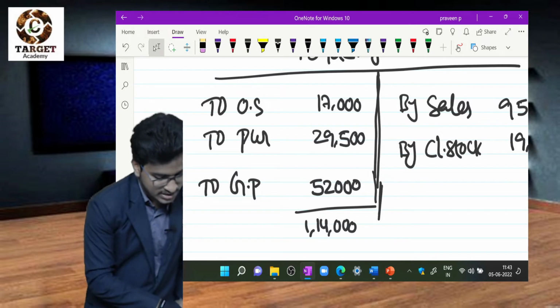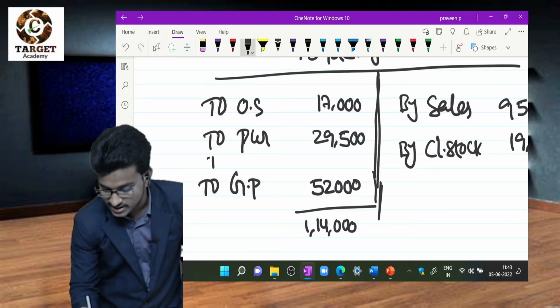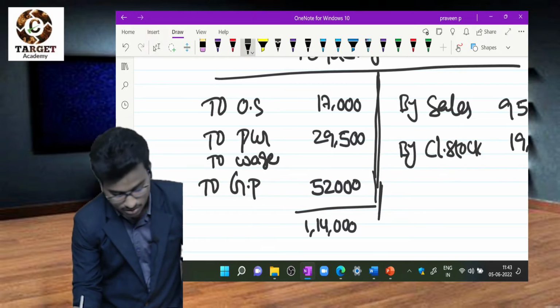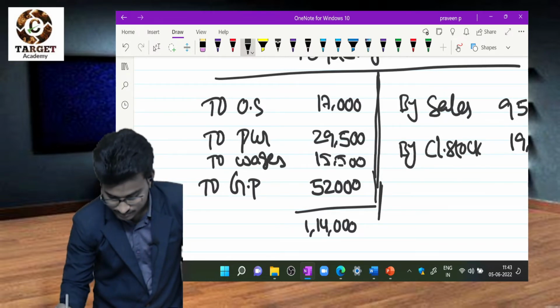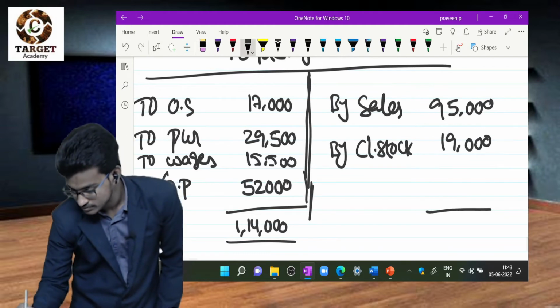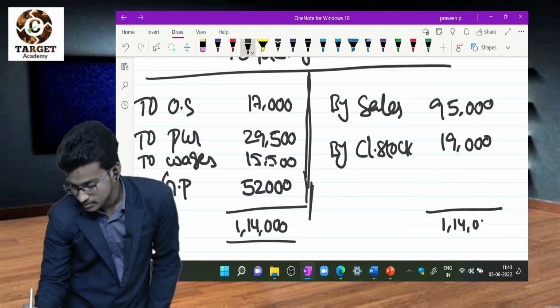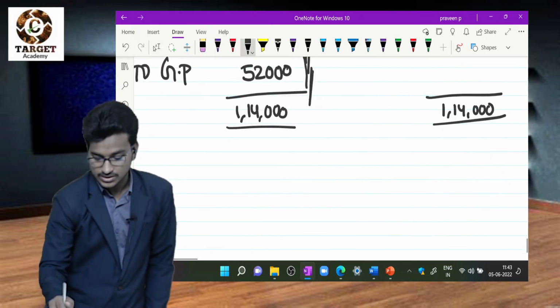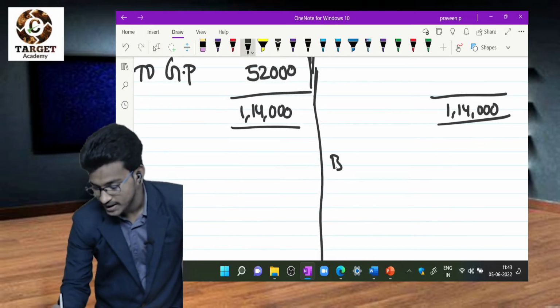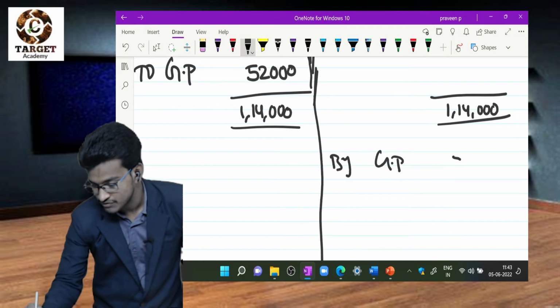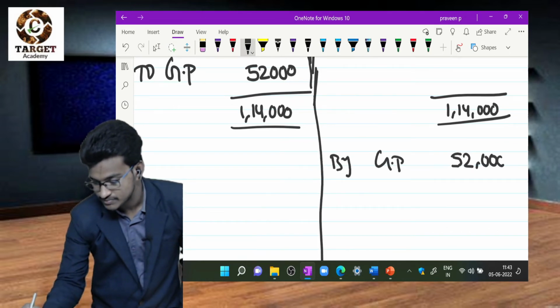Some more items in the question: wages are there, right? How much wages? 15,500. Next I have to open the profit and loss account. So by gross profit 52,000.